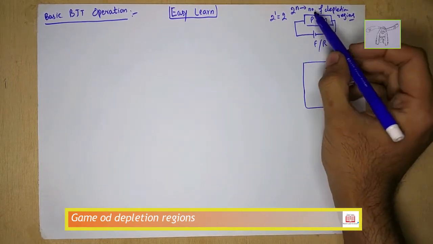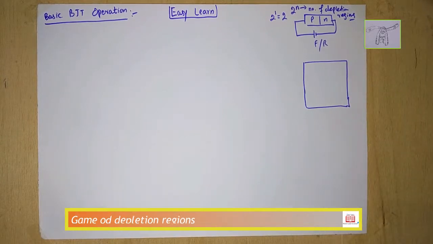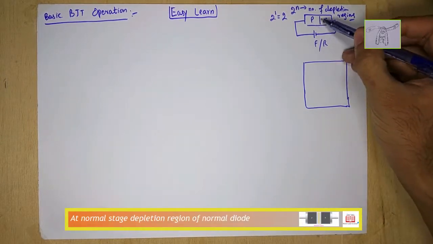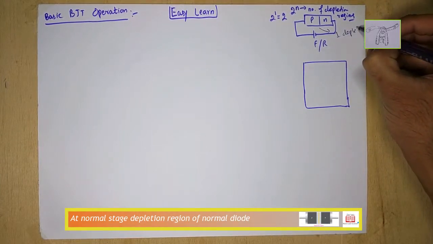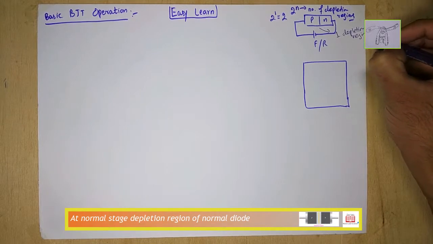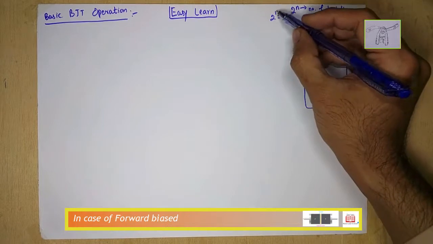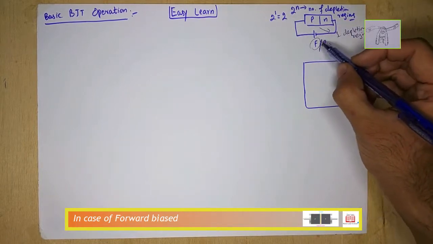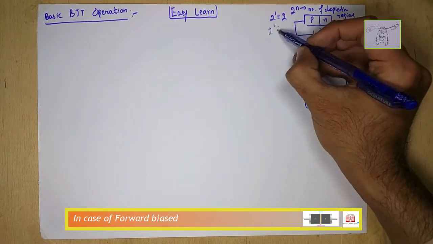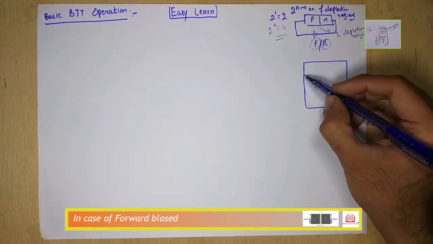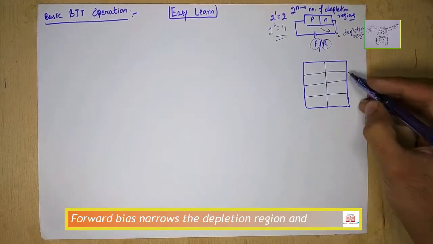In the normal PN junction diode, there is only one depletion region, because there is just one P type and one N type. So 2 raised to power 1 gives two possible cases: it can be operated in either forward or reverse bias. But when there are two depletion regions, 2 raised to power 2 is equal to 4, so we have 4 possible cases.